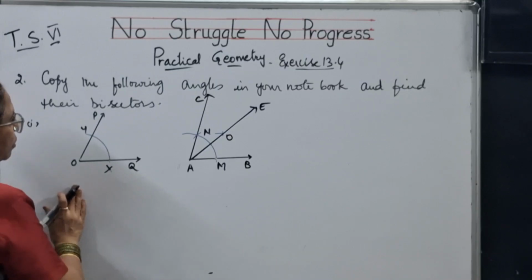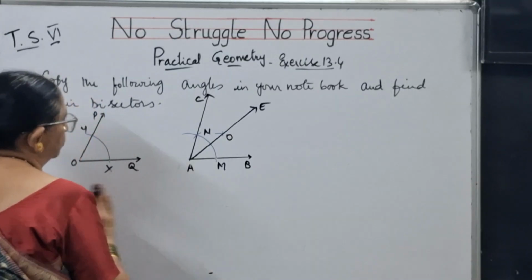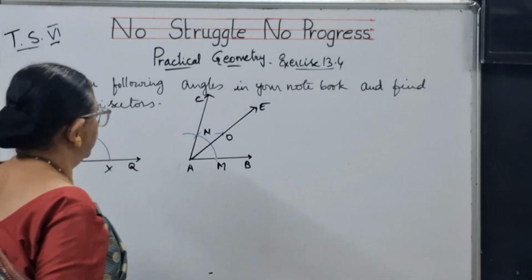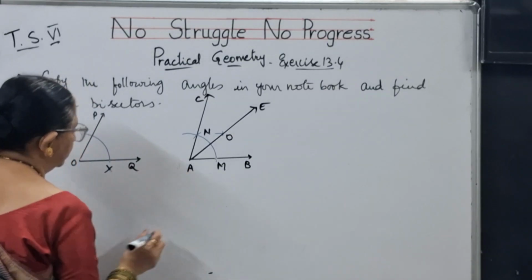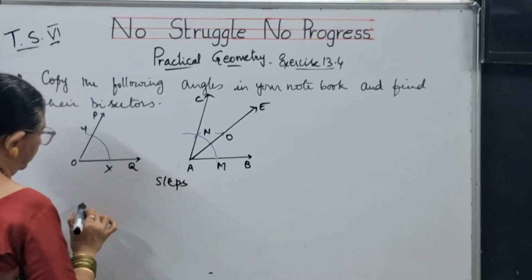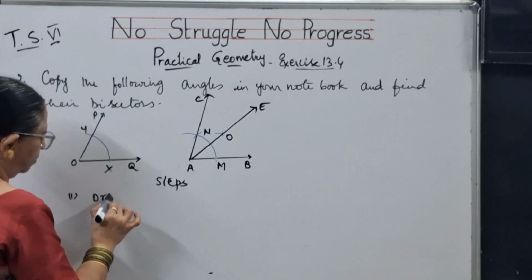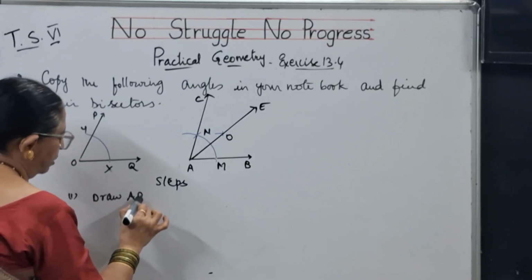So when you need to write the steps of these two together, let me write the steps here. First, draw AB ray.